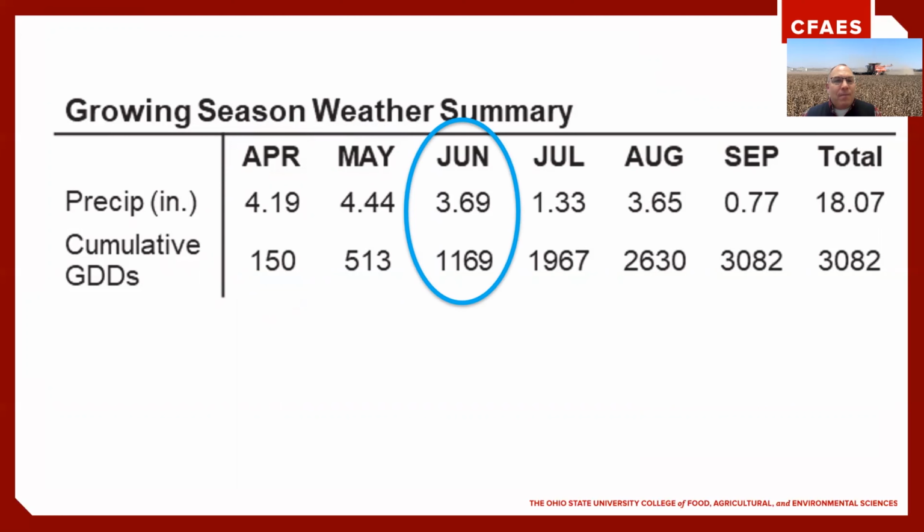Between the rain giving us a little bit of a crust, as well as the ground being so dry, I felt like we had some emergence issues, and we'll talk about that in a little bit. But in June, we did get a little over 3.5 inches of rain, which was good to get the crop started.